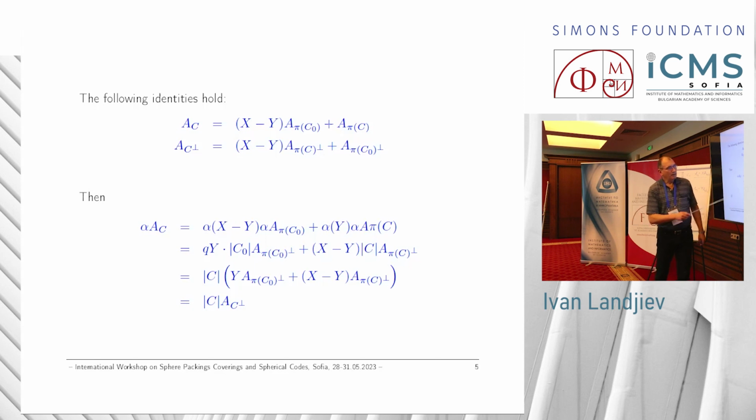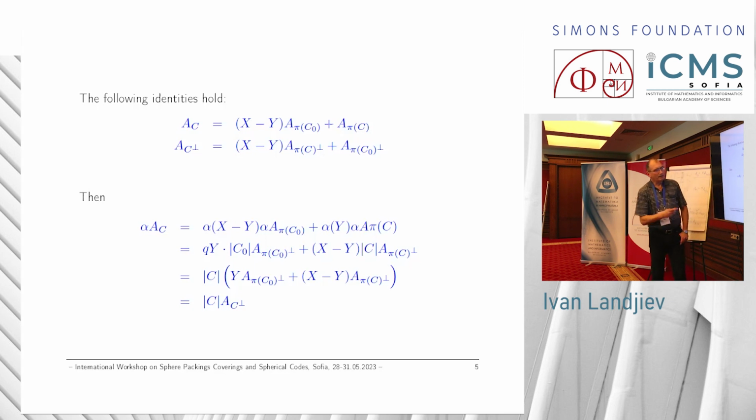And by the induction hypothesis, because these codes are shorter and we assume the theorem is proven for shorter codes, this is the cardinality of C0 times the spectrum of the punctured C0 perp, plus x minus y times this.